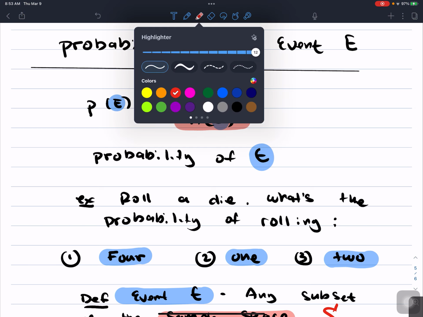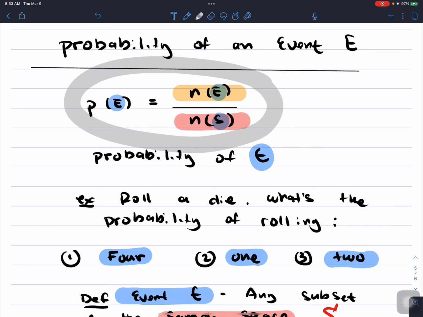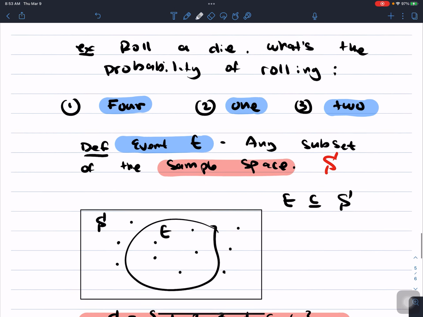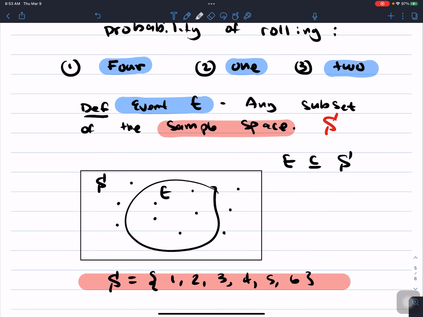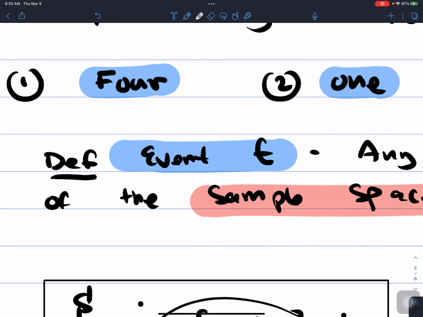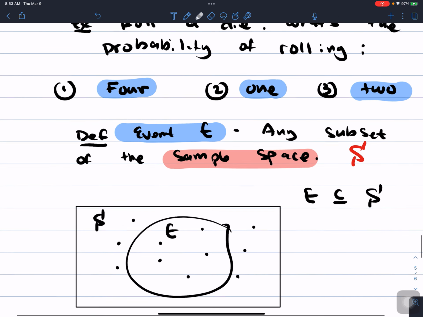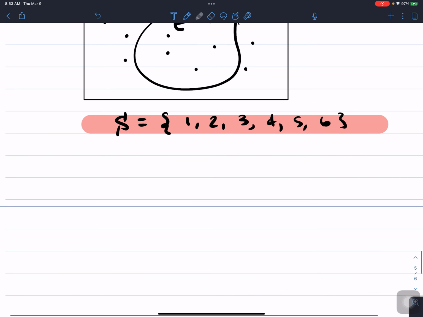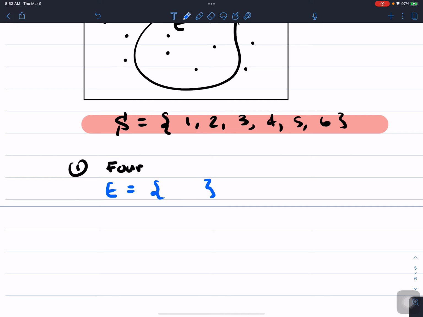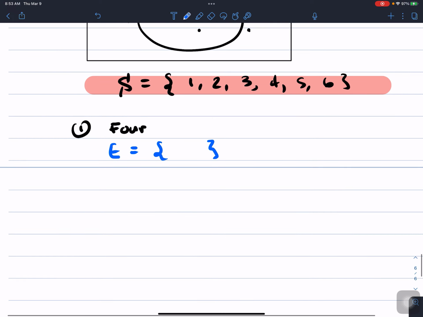This is what we're going to do. But we have to understand, what do they mean by an event here? So the first event, when you roll a 4, tell me what you guys think here. So number 1 here. My event is a set itself. It's E here, okay? What you have to do is go back to the sample space here.